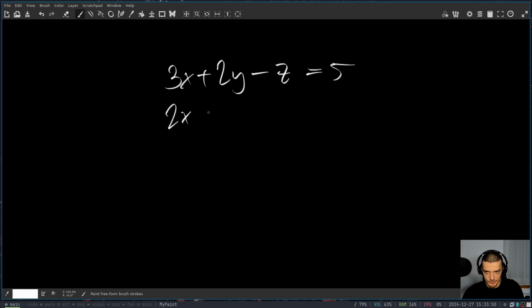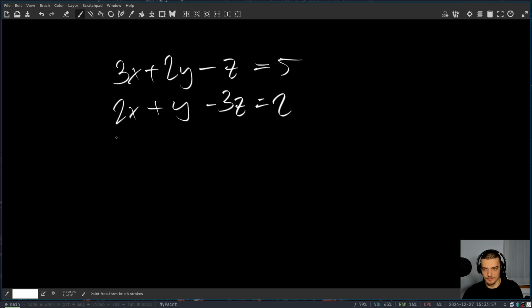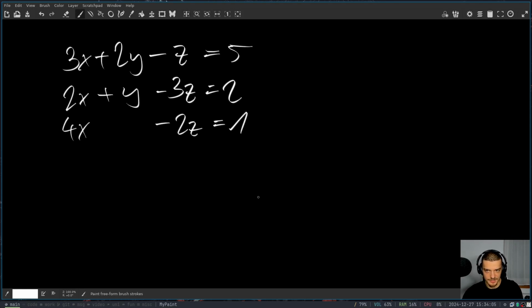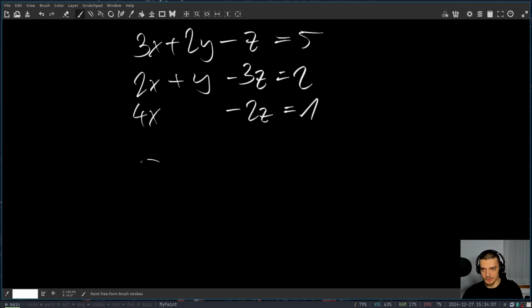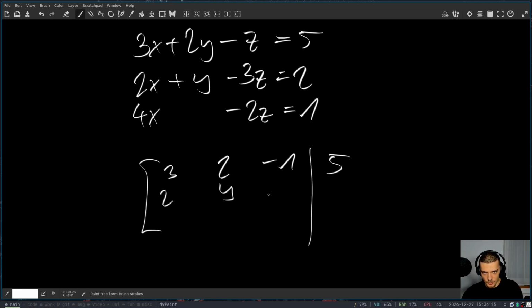And then we have something like 2x plus y minus 3z equals 2, and maybe a third one here to make it complete, 4x minus 2z equals 1, and we take this and turn it into a matrix. So we have 3, 2, -1, 5 as an augmented matrix here, then 2, 1, -3, 2, and 4, 0, -2, 1.